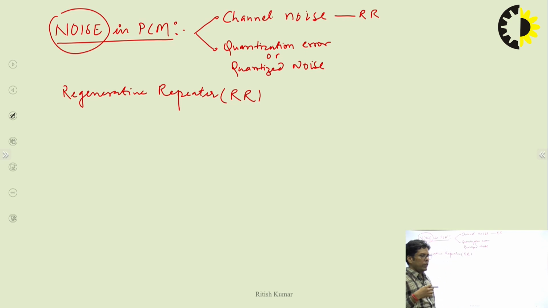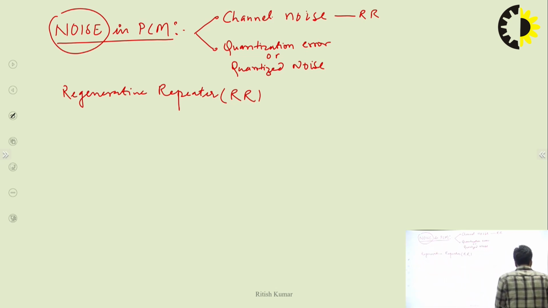If you are aware of the PCM system, here we use a quantizer. The quantizer converts the discrete signal into a pure digital signal. After passing the signal through the quantizer, we have some kind of error to round off the signal, to have the rounding of the signal.